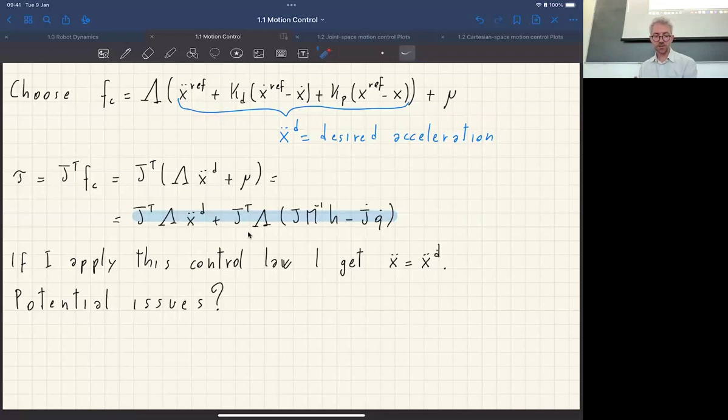Shouldn't be a surprise. If I apply this control law, I get exactly x double dot equal to x double dot desired. That's the same that we saw for the joint space inverse dynamics. So we get basically a linear dynamical system, which we can analyze exactly in the same way we did before. So the result, we know it. It's globally asymptotically stable under the assumption that you have positive definite feedback gains, which you should always have.